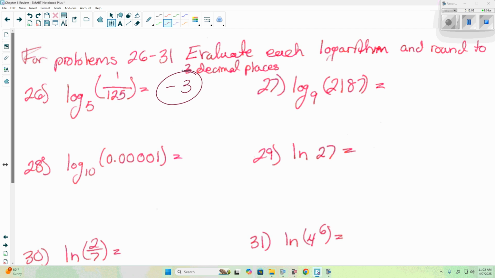Now we didn't have a decimal with this here, so we don't have to round it, but if we do have decimals, we will. Number 27, log base 9 of 2,187.